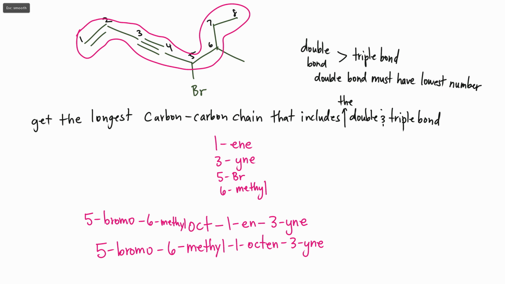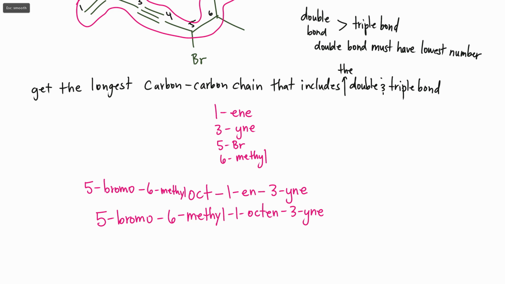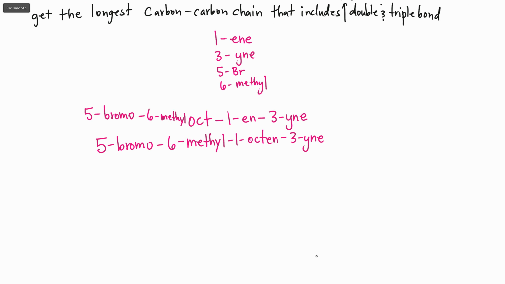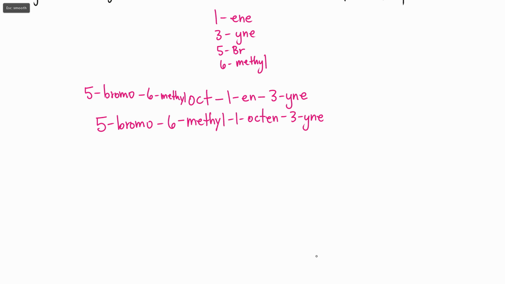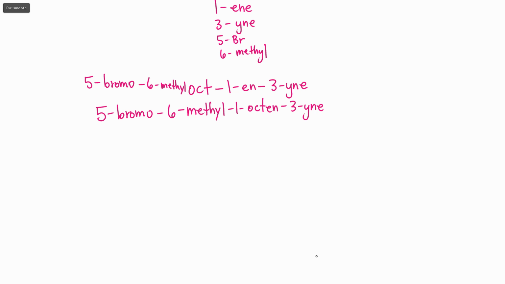Let's try another example. So I'm going to just move the bromo around and I'm going to put the double bond there.